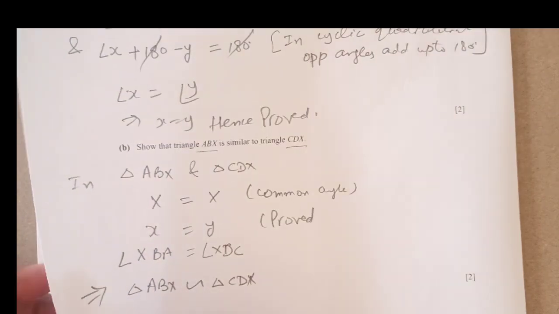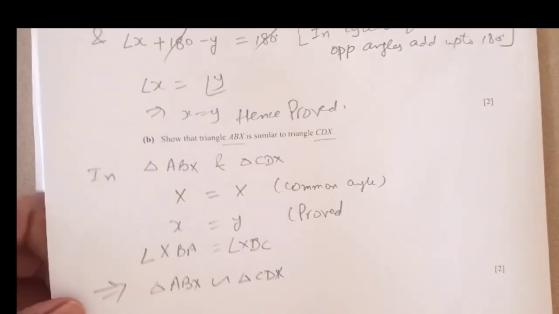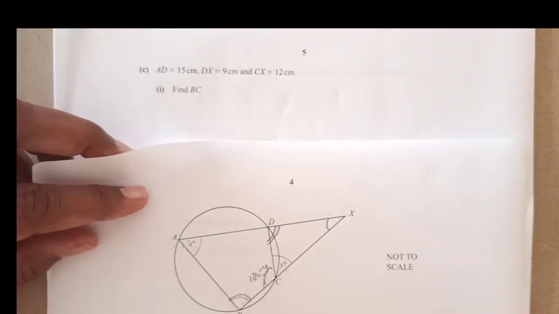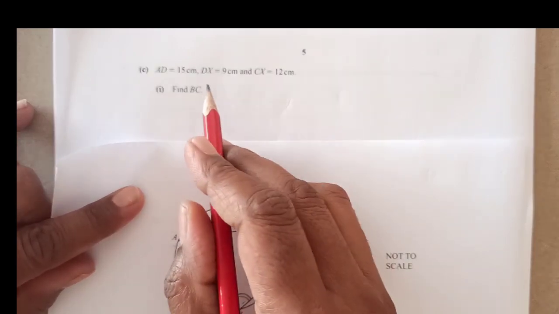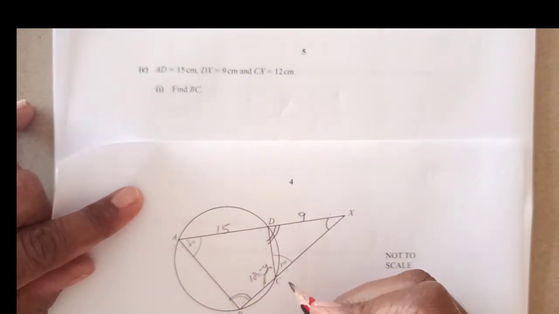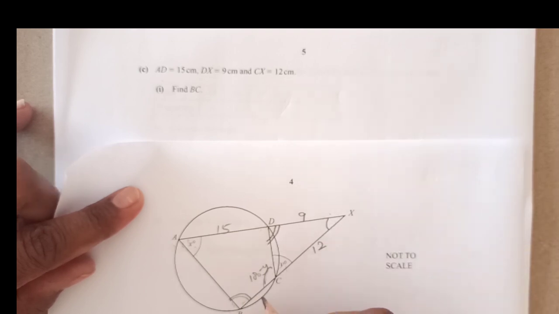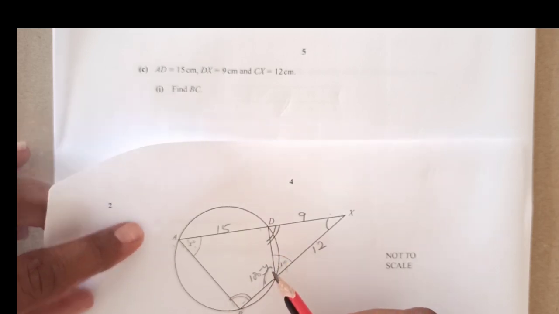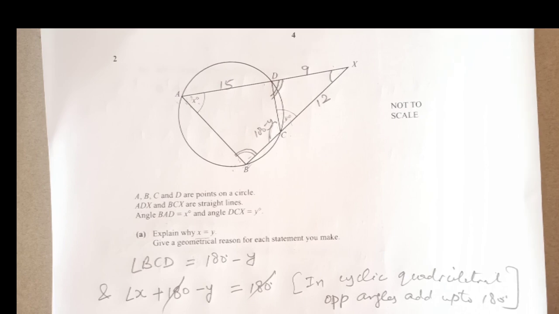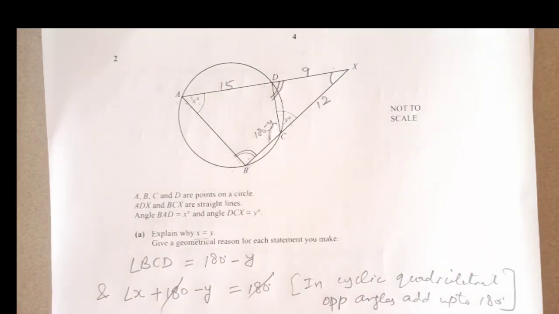So let's see what we have next. C part: AD is 15, here is AD, AD is 15, DX is 9, this is 9, and CX is 12. Find BC, we are looking for this BC here. As we have proved these two triangles are similar, we can write down the sides which are equal.